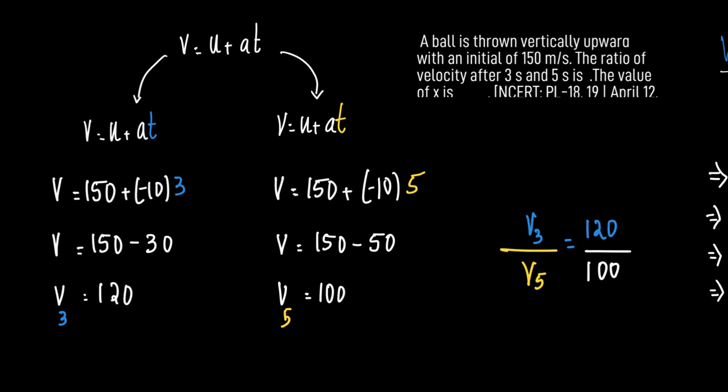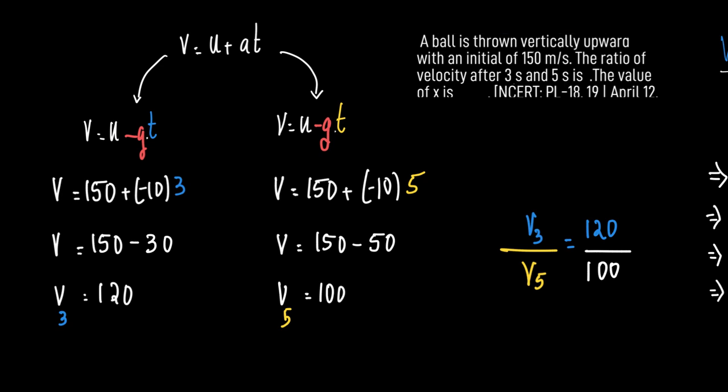So v equals u plus at here transforms to v equals u minus gt.